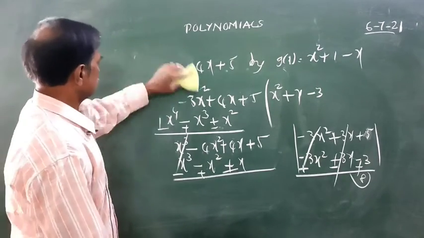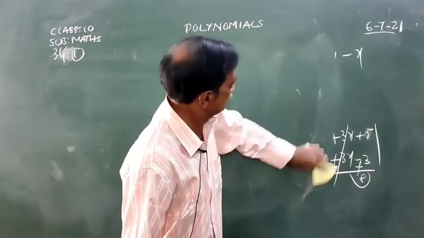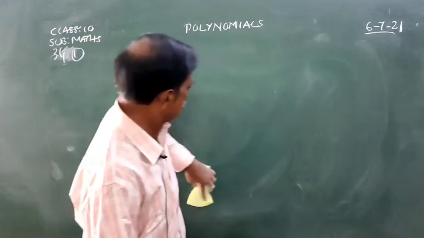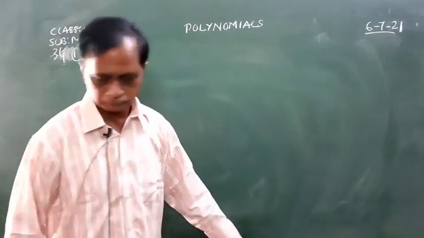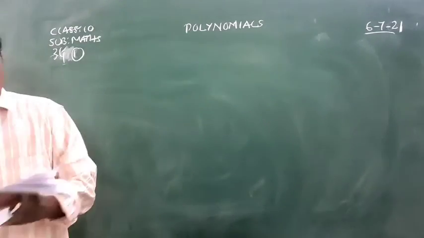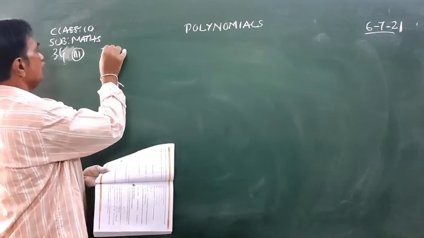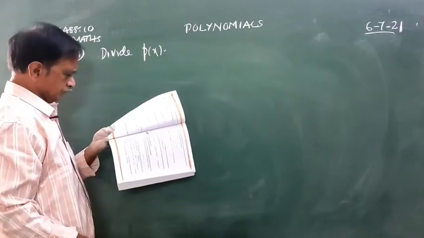Now the third one. Divide P of x, third one. What is P of x here?